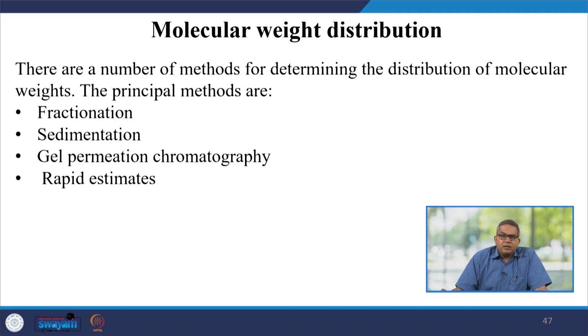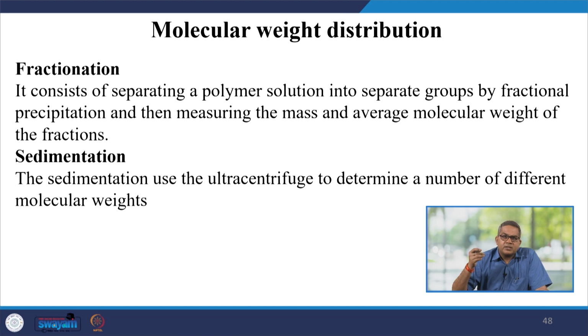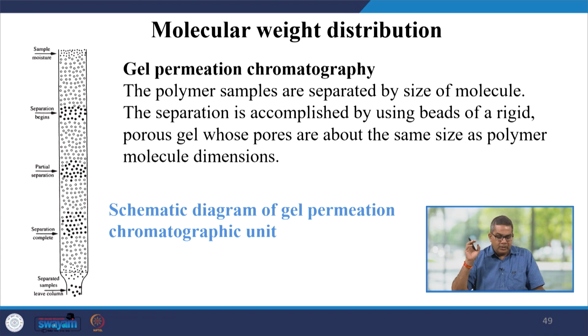The principal methods are fractionation, sedimentation, GPC or gel permeation chromatography, and rapid estimates. Fractionation consists of separating a polymer solution into separate groups by fractional precipitation and then measuring the mass and average molecular weight of the fractions. Sedimentation uses the ultracentrifuge to determine the number of different molecular weights.